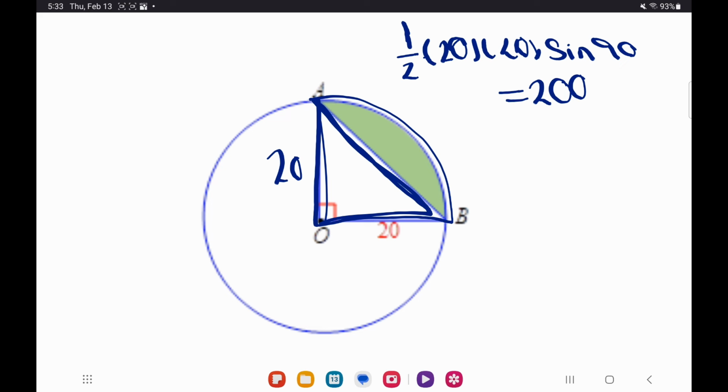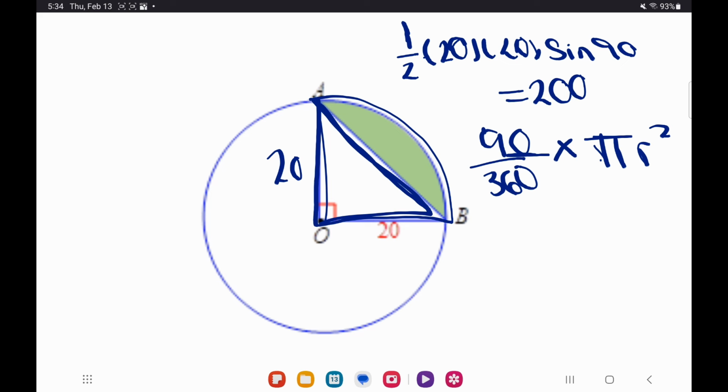Now let's find the area of a sector. The area of a sector is the angle, which here is 90, over 360, it's always over 360, times pi r squared. The radius is 20.